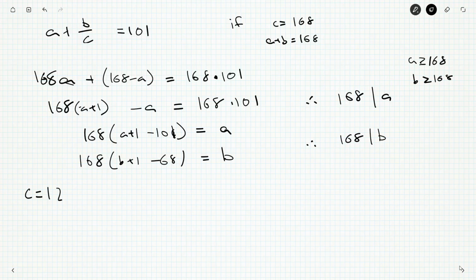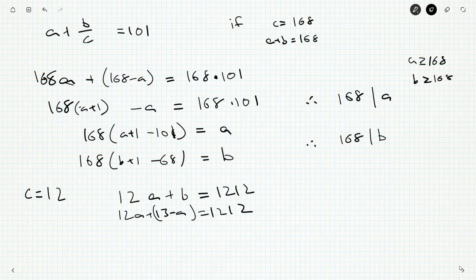Now, I never actually worked out the values. If C is 12, then we get 12A plus B is 1212. And I know that B is 13 minus A. So 12A plus 13 minus A is 1212.